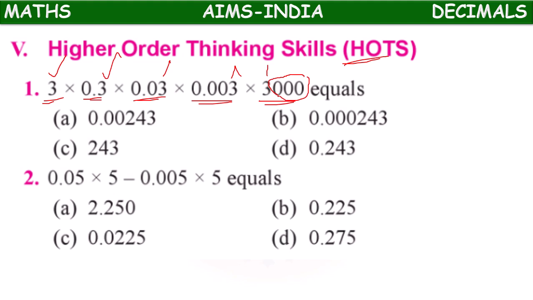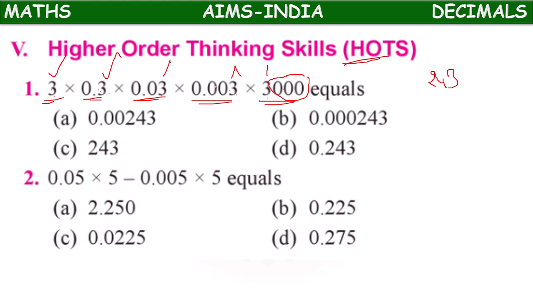First, let's multiply only the numerals, not the zeros before the decimal point or after the numeral. Whatever zeros are there, let's not bother about them. 3 3 times 9, 9 3 times 27, 27 3 times 81, 81 3 times 243.